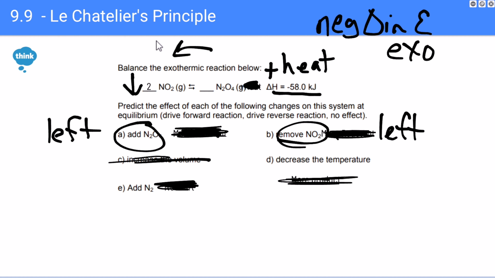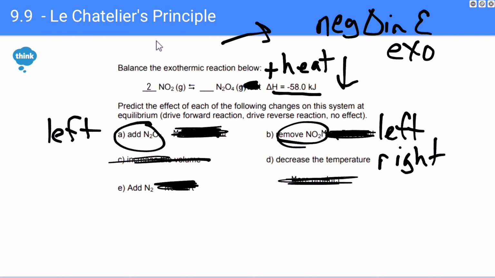So in an exothermic reaction, heat's going to be a product, and in an endothermic reaction, it's going to behave as a reactant. So as a result of this, heat is on our right-hand side, decrease in temperature. We treat heat just like a reactant or product. So as a result of this reaction, heat is going to go down. So a product is decreasing. We shift to the right in order to reestablish equilibrium.